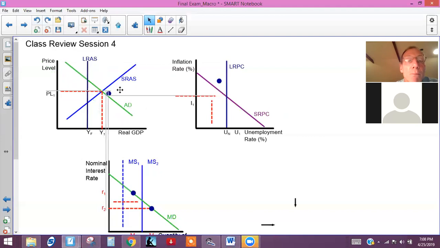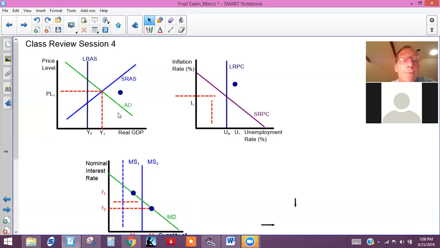Now, it's important to be able to know what this situation looks like on this graph, which you all should know is the Phillips curve. So you've got the long run Phillips curve here and the short run Phillips curve downward sloping. And this graph shows the relationship between the inflation rate and the unemployment rate.